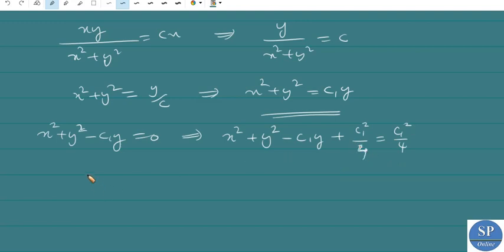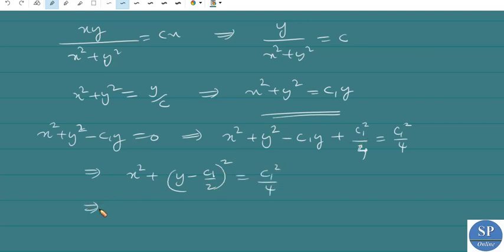Now we can write this as x square plus y square minus c1y plus c1 square by 4, which is nothing but y minus c1 by 2 whole square, because y square minus 2 into y into c1 by 2, that is minus c1y, plus c1 square by 2 square, that is c1 square by 4, equal to c1 square by 4.